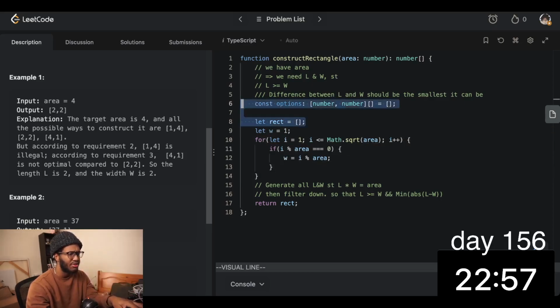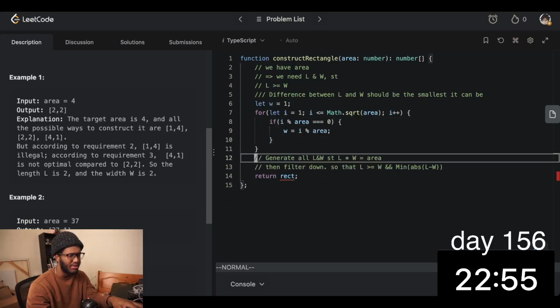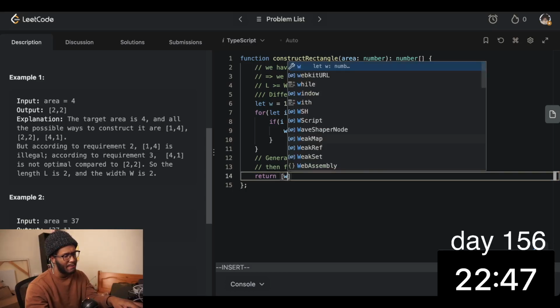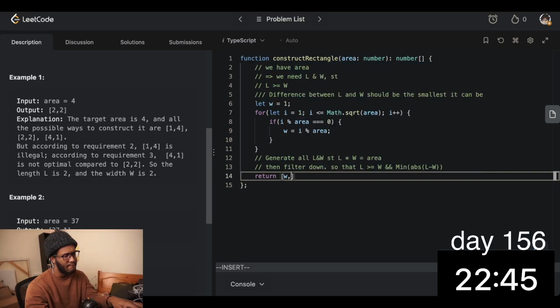Right, but what did this person return? Now that I'm realizing it. W equals I mod area. Oh.